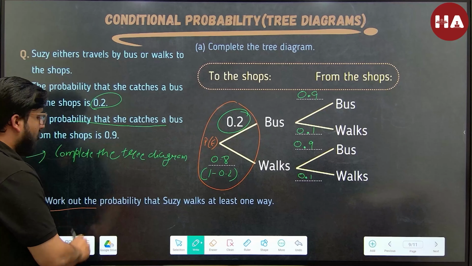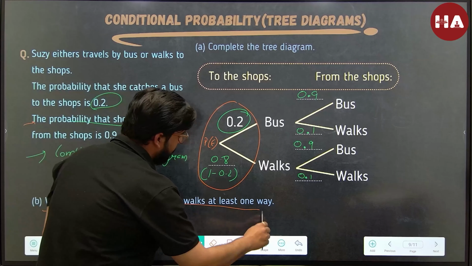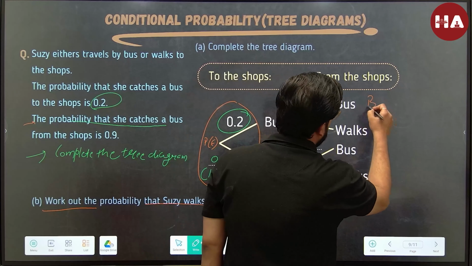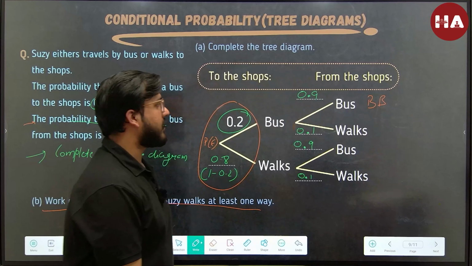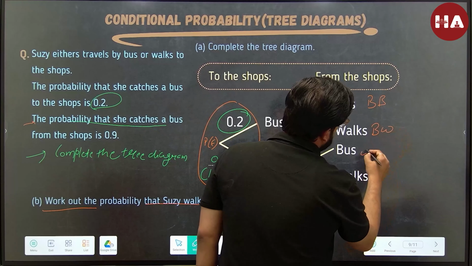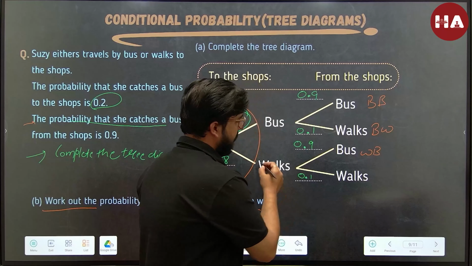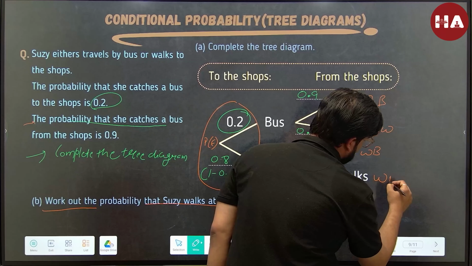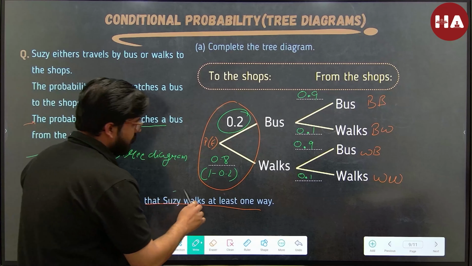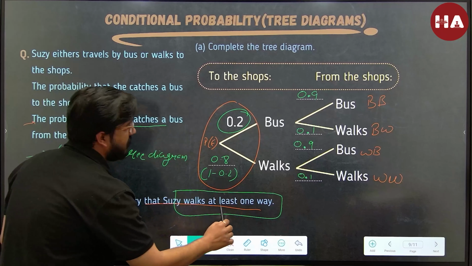Now I have to work out the probability that Susie walks at least one way. So this is showing that both the sides are given for the bus. This shows bus and walk. This is walk and bus, and this shows that it is walk and walk. Now what you have to find is that Susie walks at least one way.